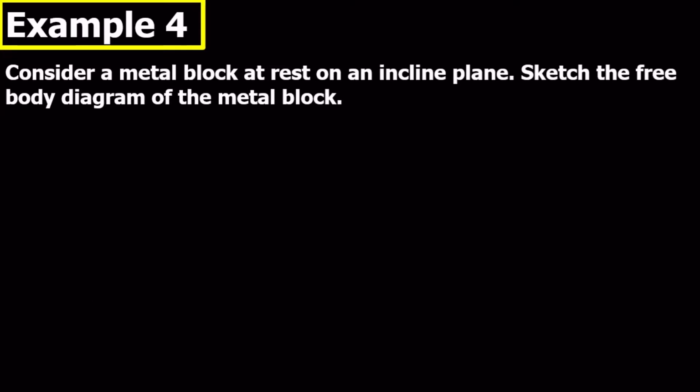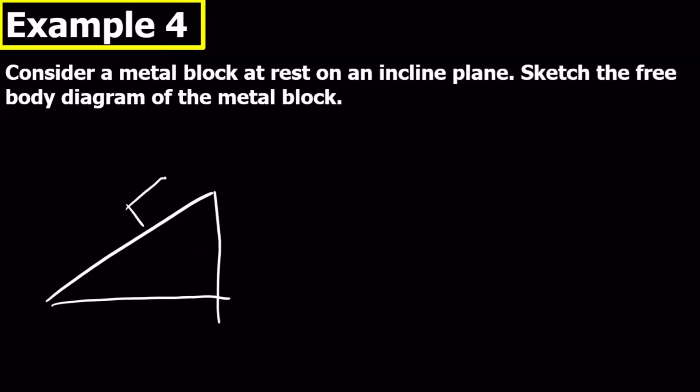Example 4. Consider a metal block at rest on an inclined plane. Here's my metal block on the inclined plane. Sketch the free body diagram. Dot. Then write down W, N, Ff, Ft. There's no string, so no tensional force.